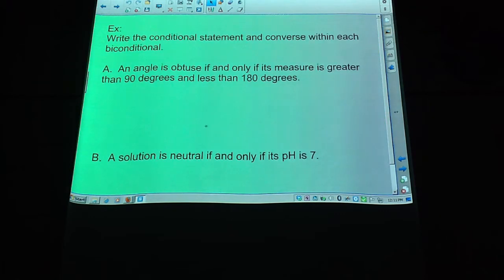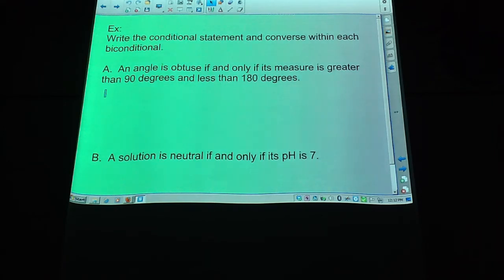Let's see, the examples here says, write the conditional statement and its converse within each biconditional. An angle is obtuse if and only if its measure is greater than 90 degrees and less than 180 degrees. So notice that we're given a biconditional because it's in the if and only if form.